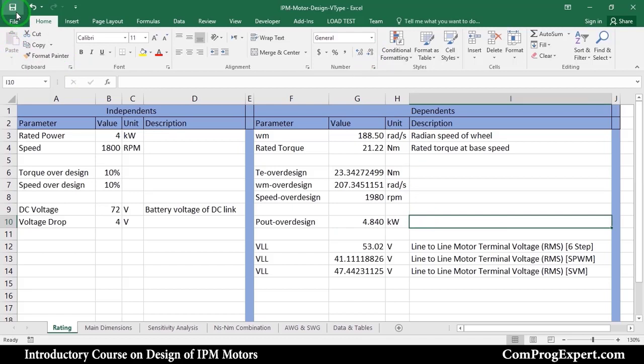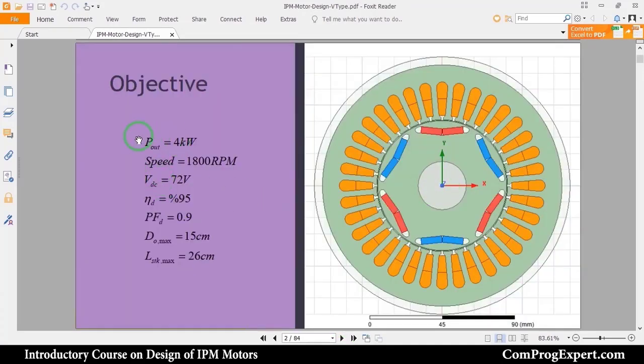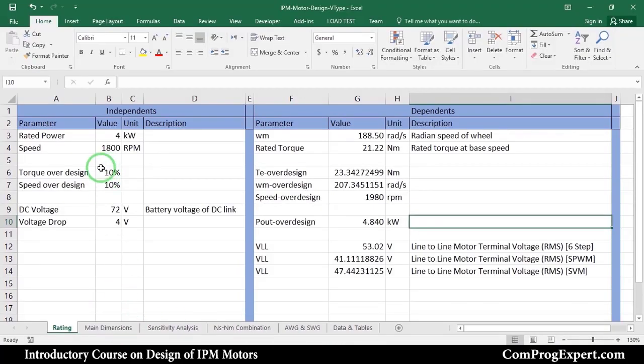Okay. So these are rated values. The motor should be able to deliver 4 kilowatt at this speed continuously. And we considered 10% our design, both in torque and in speed, and we calculated this output power.